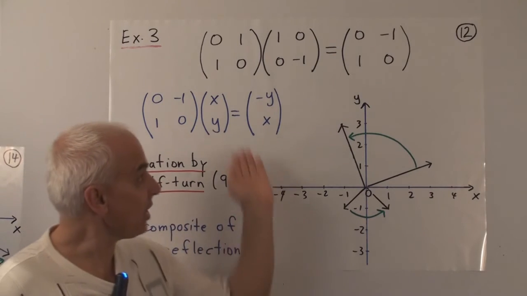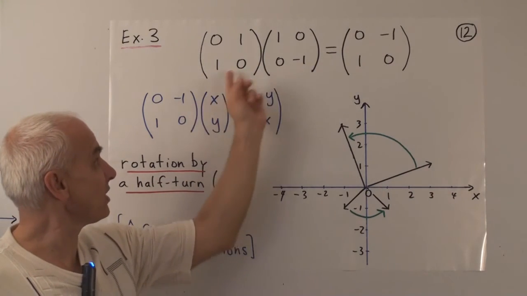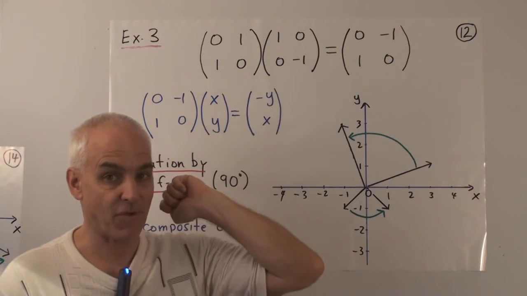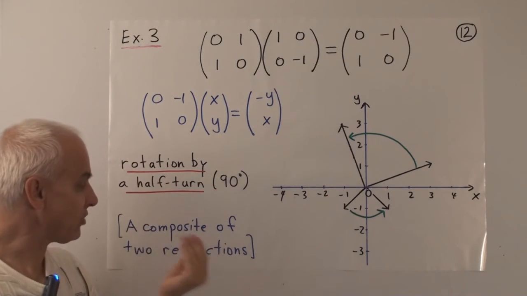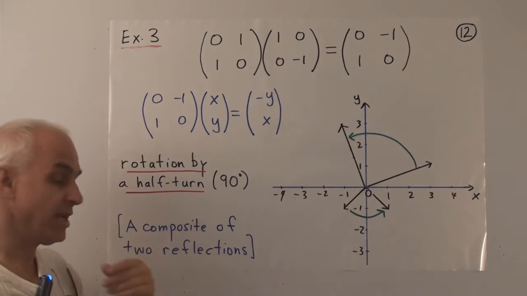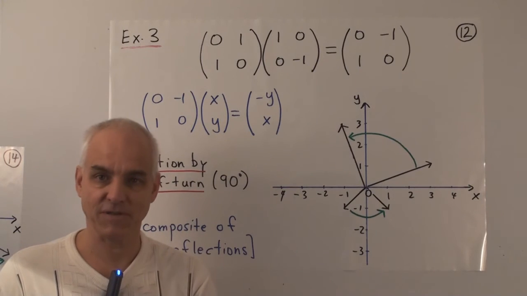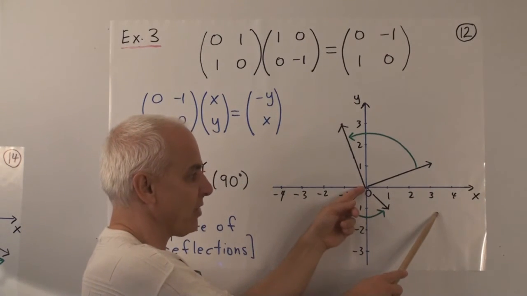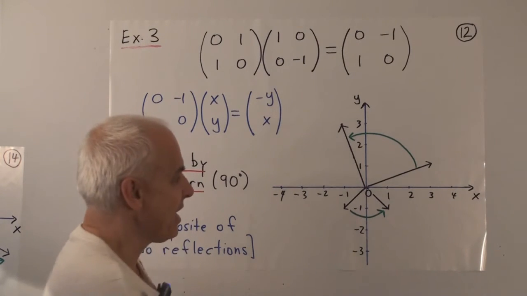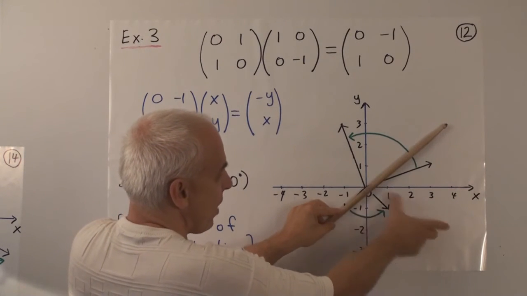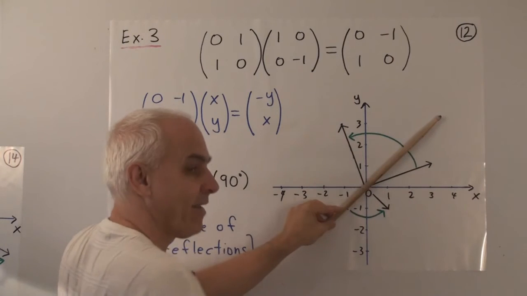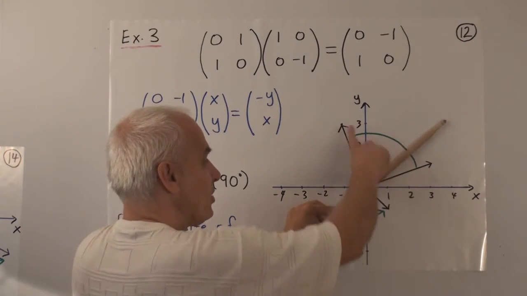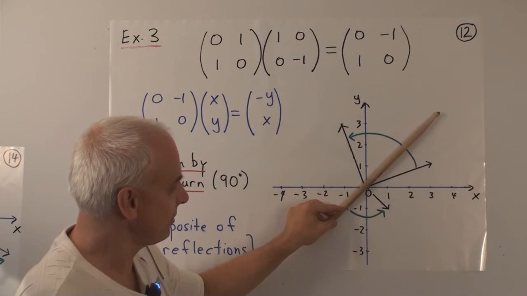And what we've seen here when we computed this matrix by a product of those two matrices is geometrically that this rotation is the product of two reflections. If you first reflect this vector in the x-axis, and then you reflect it in the line y equals x, that's the same as just rotating it by 90 degrees.